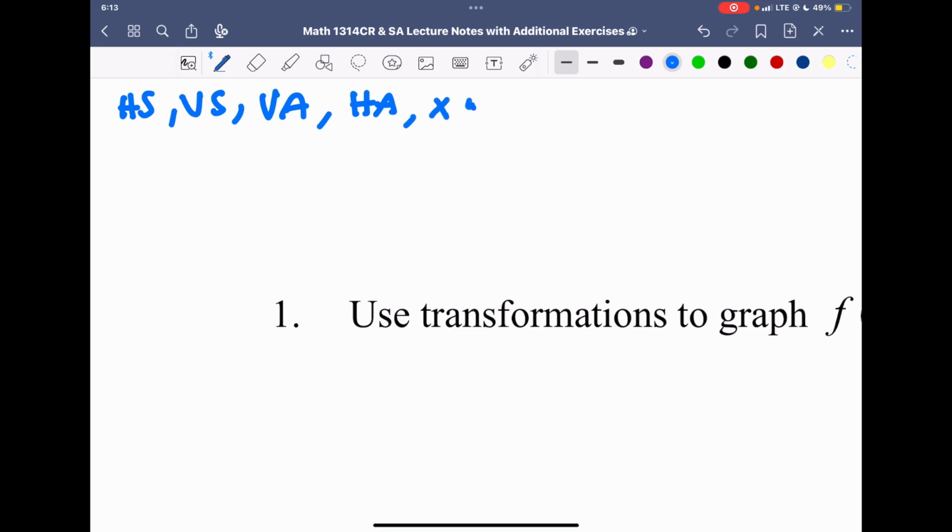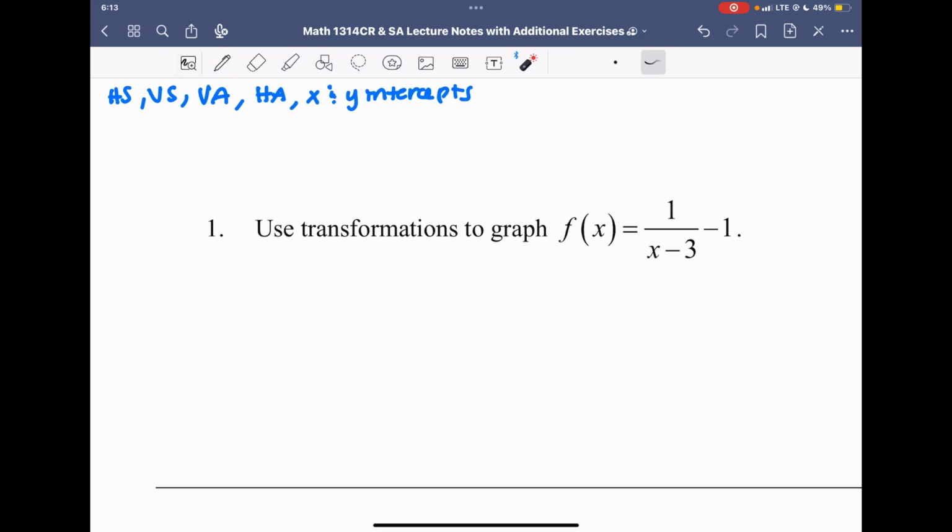So we have x and y intercepts. Or we can just look at the graph, right? We put in decimals. So let's do this the longhand. The first thing I want to do is take this function and make a common denominator. So the way that it is is fine, but we still need to have a common denominator for the whole thing.